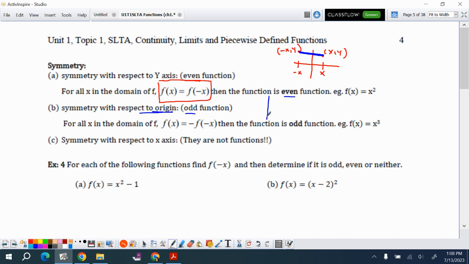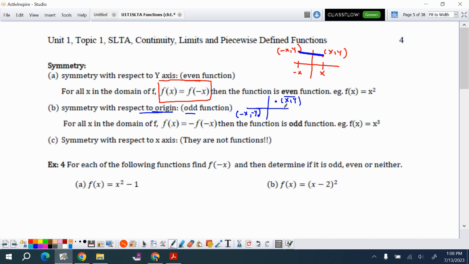So let's take a look at the example here, algebraically and graphically, both ways. If this is a point x and y, an odd function, symmetrical with respect to the origin, means you go 180 degrees in the opposite direction, where x is negative and y is also negative.